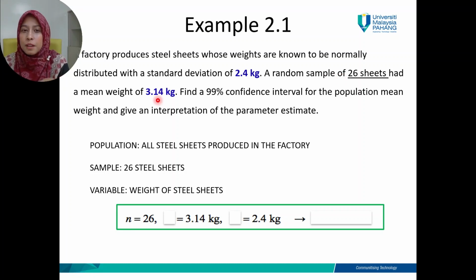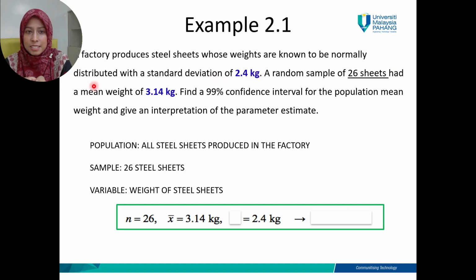Now, after you understand these three elements, next you need to write down the correct notation for each given value. For 3.14 kilogram, it's X bar, the sample mean. Next, 2.4 kilogram. It is a standard deviation, but is it the population standard deviation or the sample standard deviation?